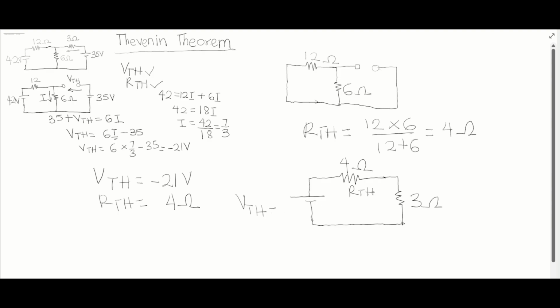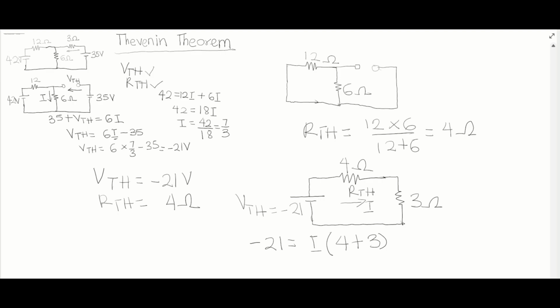So the VTH is minus 21 volts. So what you are going to do is, this is a simple KVL situation. So let's just say there's a current going through the loop like this. You're going to have minus 21 to be equal to the I, which is the current through the 4 ohms resistor and the 3 ohms resistor, since they are in series.